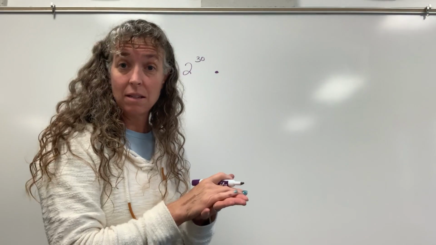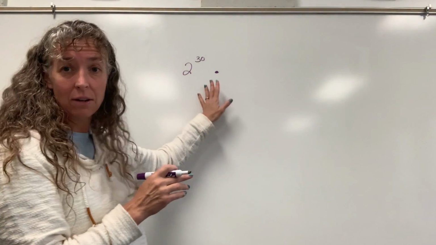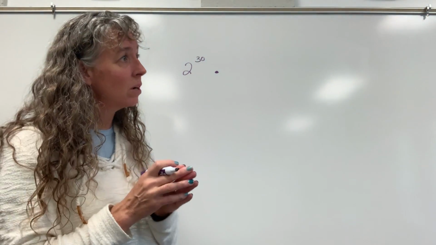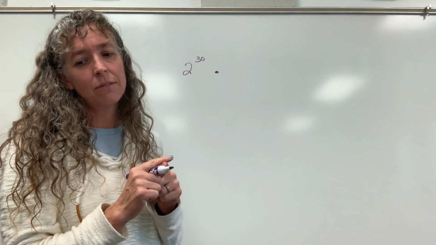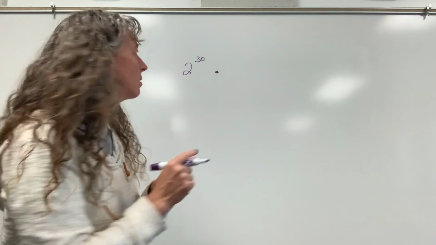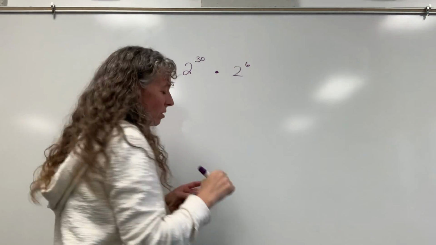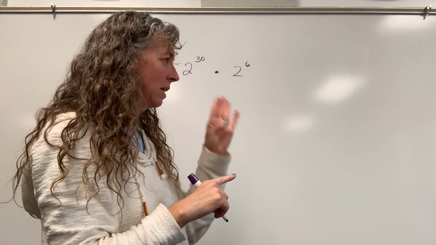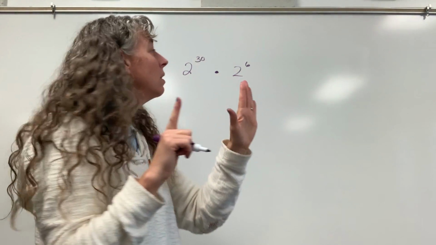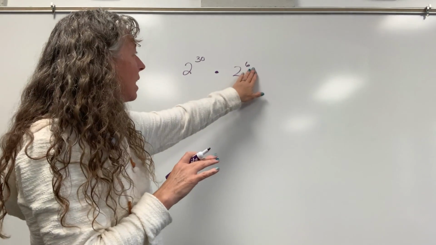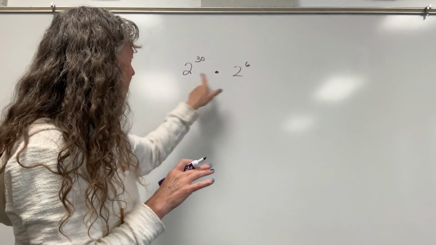They want to put it back into exponent form so we can combine our exponents here, okay? So 64 is 2 to the power of 6, right? 2 times 2 is 4, times 2 is 8, times 2 is 16, times 2 is 32, times 2 is 64. So we work backwards, we put it into exponent form because now I have the same base.